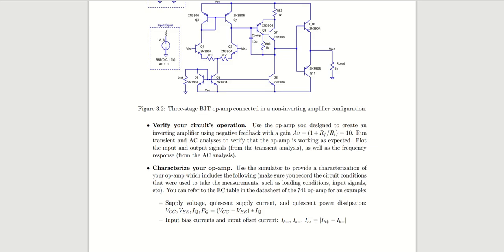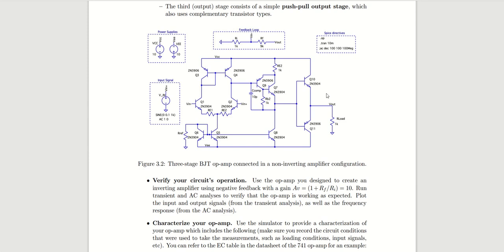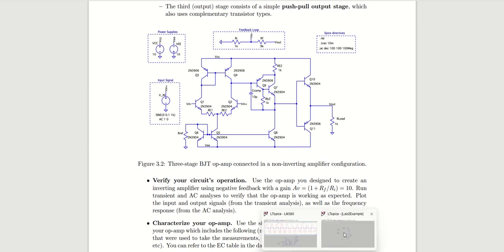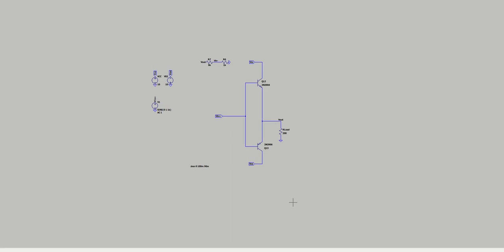So in the lab manual, we have this output stage. That's a Class B amplifier. And so I got this model that I made. A Class B amplifier takes the signal in. As it goes up into the positive voltage, it's going to turn on this transistor once it reaches over 0.7 volts.